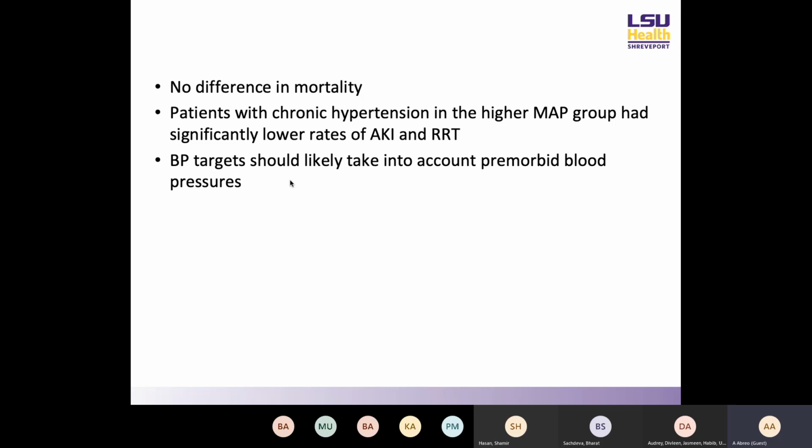So in general, you should probably consider the patient's premorbid blood pressures when you're trying to decide on a goal in terms of pressor therapy. Because even though you may have similar mortality outcomes, you may be stressing the patient's body more, theoretically, if you go too low with your target.